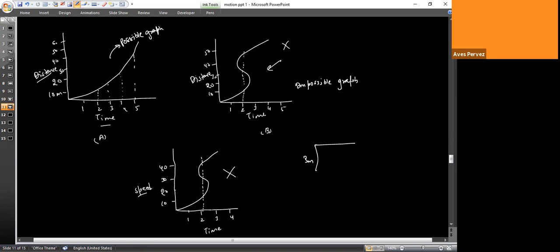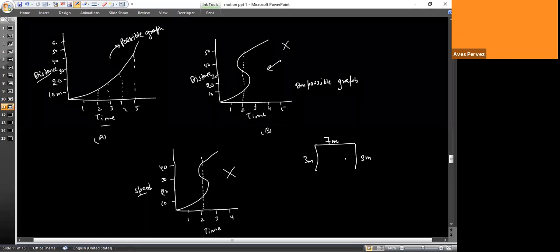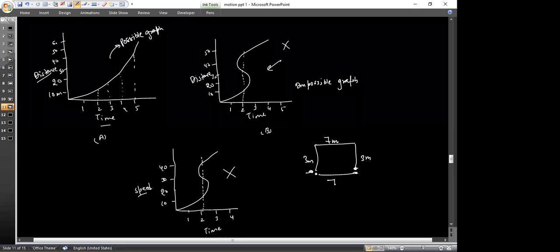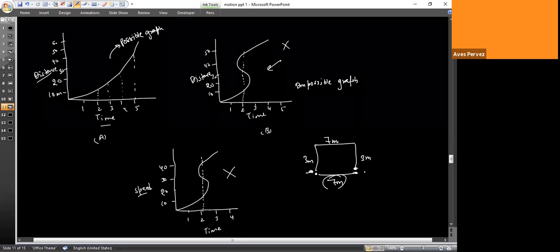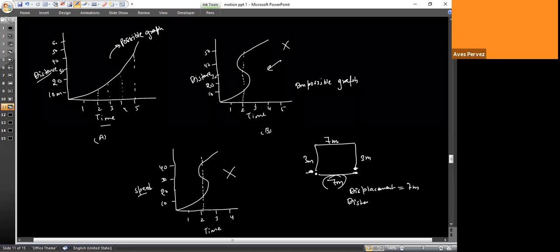You have to calculate from the initial and final position. This one is the initial position and this one is the final position. The distance between these two positions is 7 meters. So displacement will be 7 meter, and the distance, the actual path covered, is 13 meter.